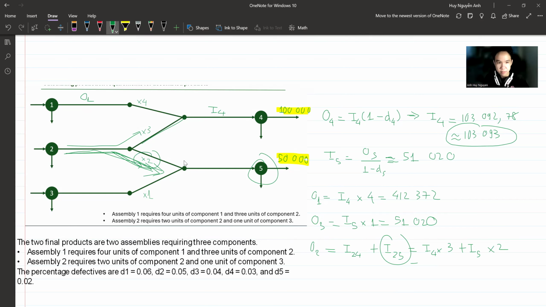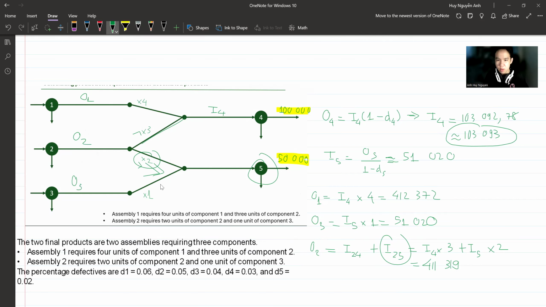And we have 411,319. Okay, so now we have O1, O2, and O3.